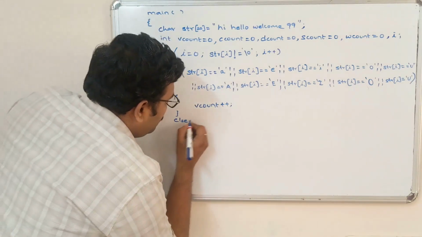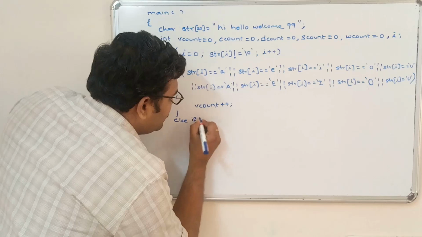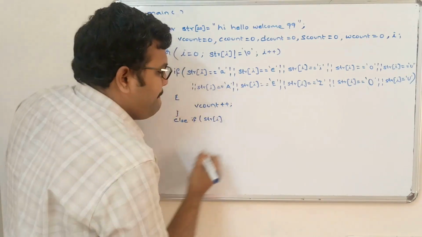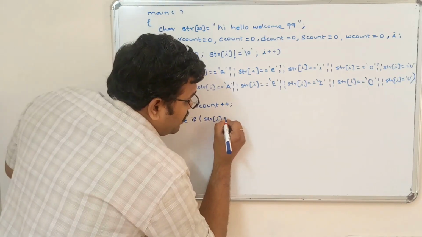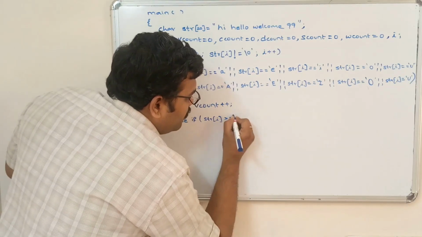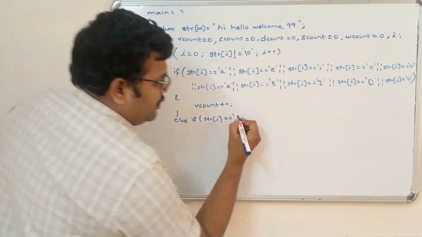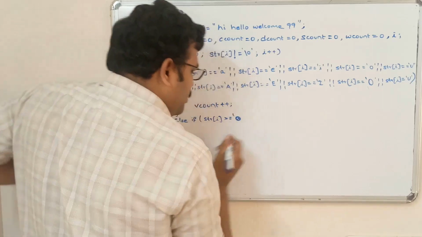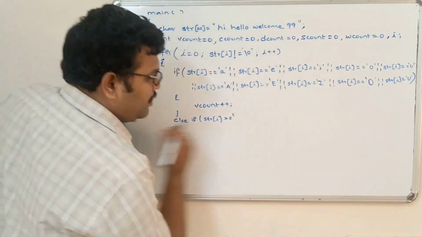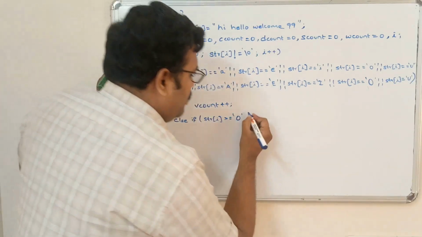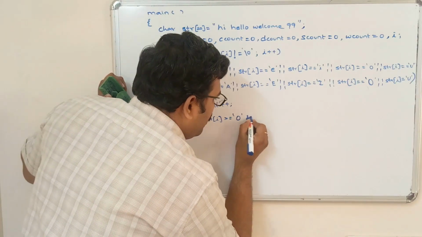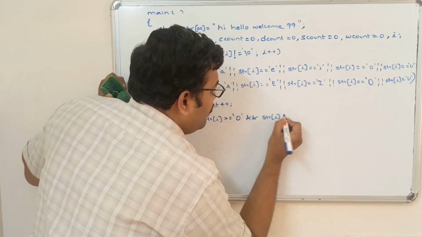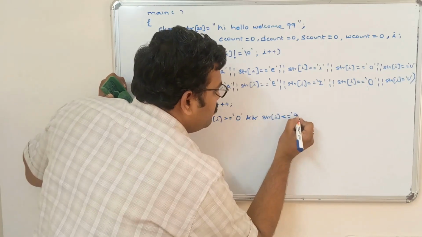So else if str of i greater than or equal to '0', here we have to count the numericals, and str of i less than or equal to '9'.